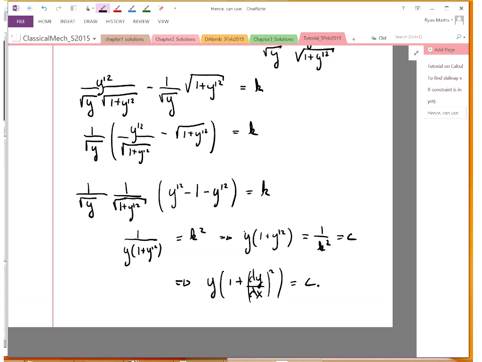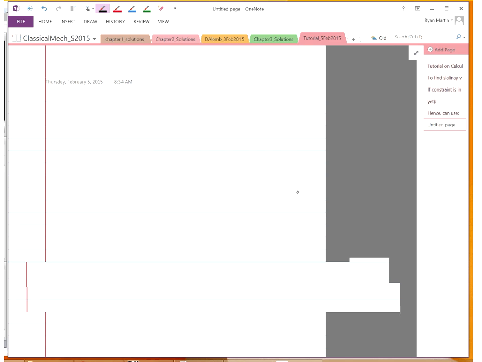And a lot of these problems end up like this, where you end up with a differential equation that you don't really want to solve, or it's more a subject of math than physics. So I'm not so interested in how you solve this particular differential equation.